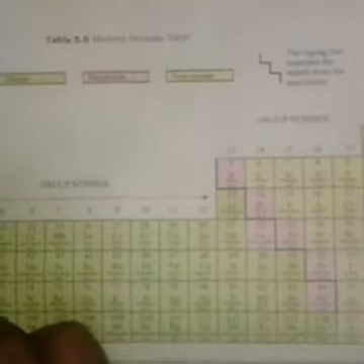So how is the configuration? It is 2, 1. The third element is sodium and the electronic configuration is 2, 8, 1. Potassium is 19. How will we write it? 2, 8, 8, 1. Isn't it?